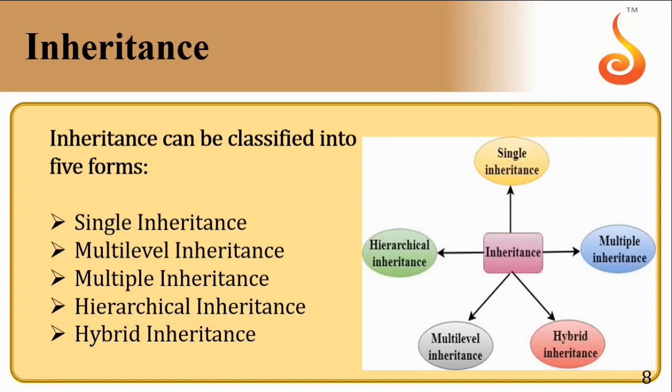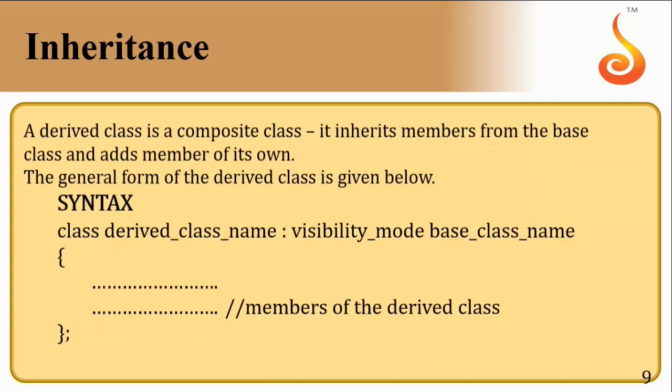Or they can ask you just what the different types are. Depending on the marks, the question would be there. So inheritance can be classified into 5 forms: single inheritance, multi-level inheritance, multiple inheritance, hierarchical inheritance, hybrid inheritance.